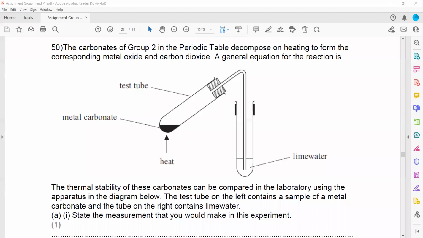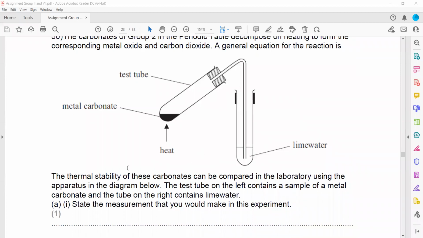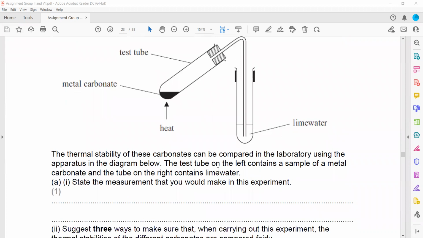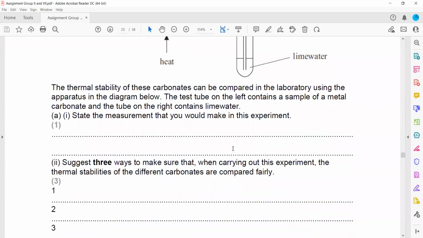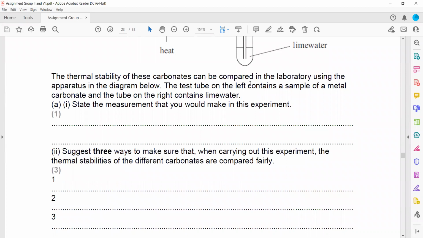The same question is there: the carbonates of group 2, the stability of a carbonate can be compared. State the measurement that you make in this experiment. What we can measure is the time taken by lime water to turn milky. Suggest 3 ways to make sure that we are carrying out the thermal stability test fairly.